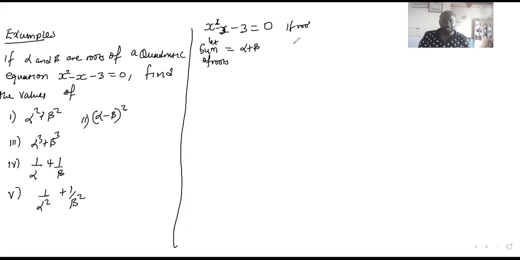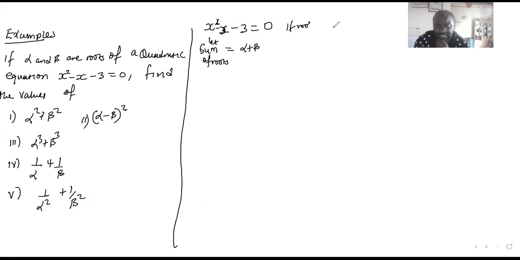Like they had said, the roots are alpha and beta, so the sum is alpha plus beta. Sir, is it alpha supposed to be used, or even other letters can be used? Other letters can be used, but the most common letters used in this category of math are alpha and beta.